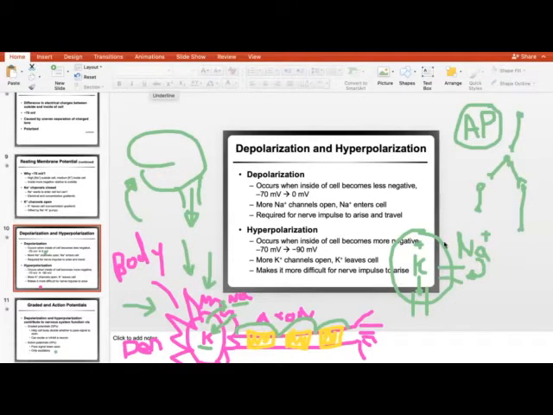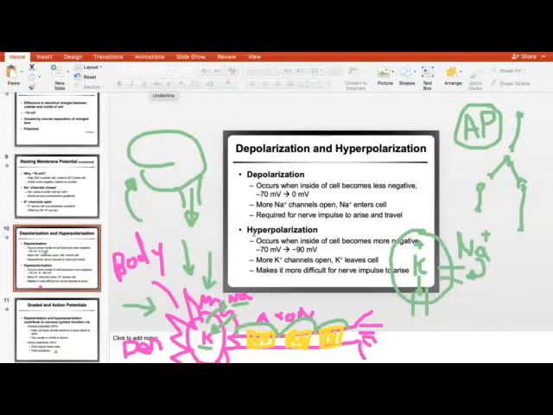So when an electrical signal is occurring, this sodium ion channel opens up and it floods inside of the cell, and it makes the cell have more positive ions inside of it, which makes it less negative and closer to 0 millivolts. Now that's required for an action potential or any type of impulse to travel down this axon. All right, so that's depolarization.